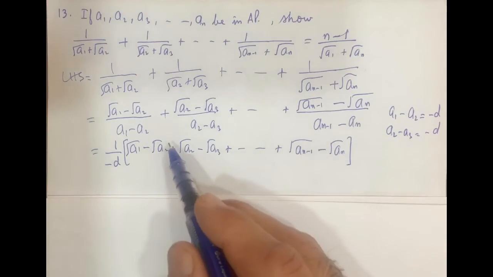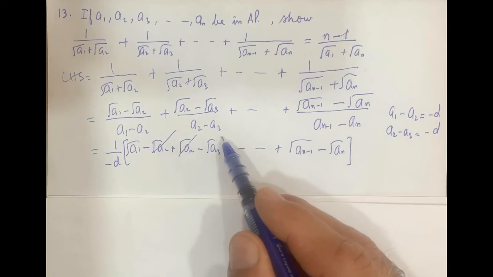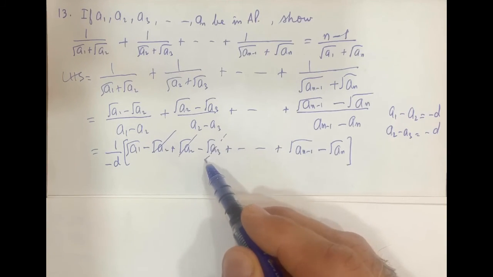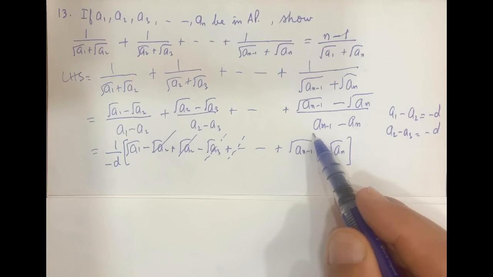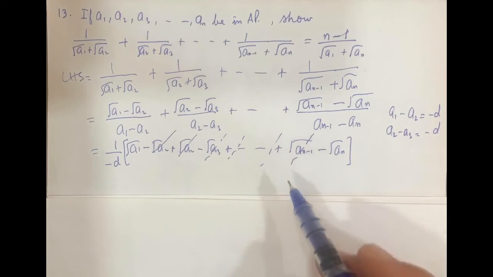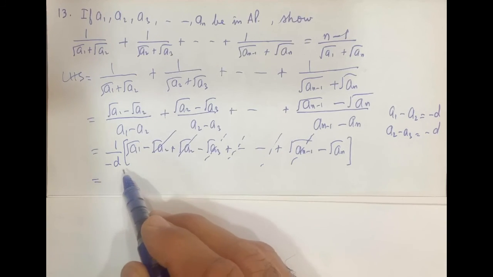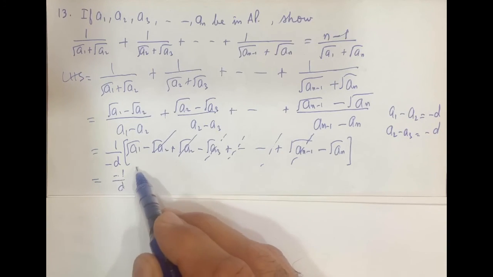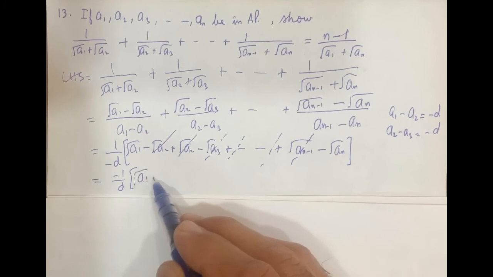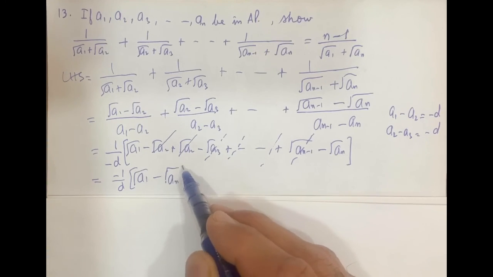So we observe that these terms will cancel out. This will cancel out with the next one and this will cancel out with the previous one. So we will be left with only this term and this term. So that's minus 1 by d, root of a1 minus root of an.